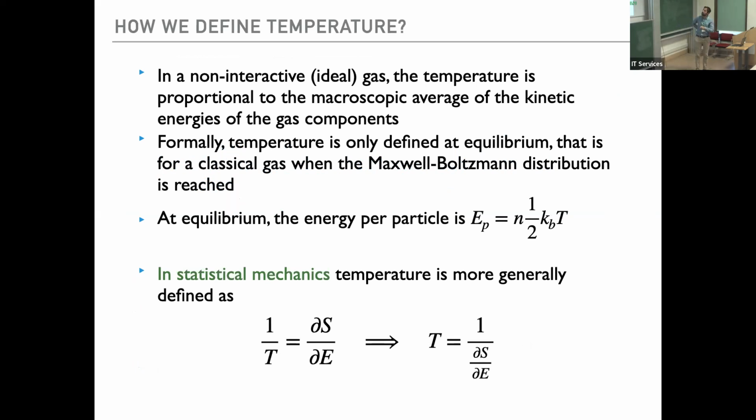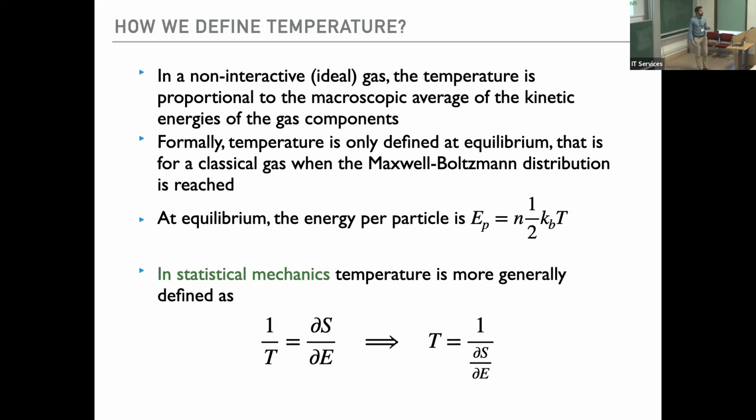Formally, temperature is only defined at equilibrium, and for a classical gas, equilibrium means Maxwell-Boltzmann distribution, for example. So at equilibrium, the energy per particle is proportional to temperature. Then you have the Boltzmann constant, 1/2, and n is the number of degrees of freedom of your system. That's what we learned from kinetic theory of gases.